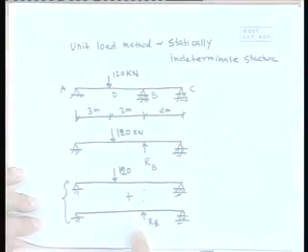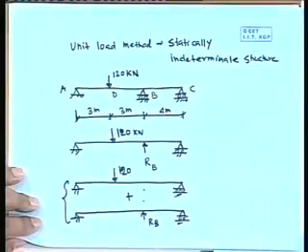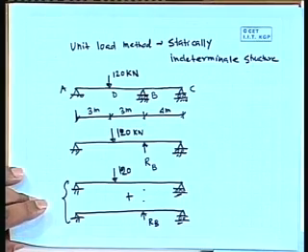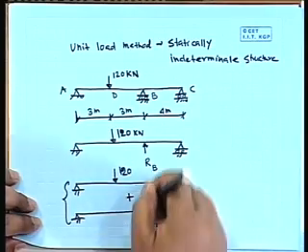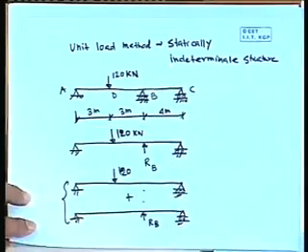So, that one additional unknown we can determine, produced by 1 unit load here multiplied by RB. Though the directions are different, if I put the reaction the other way, that deflection is a matter of sign convention.